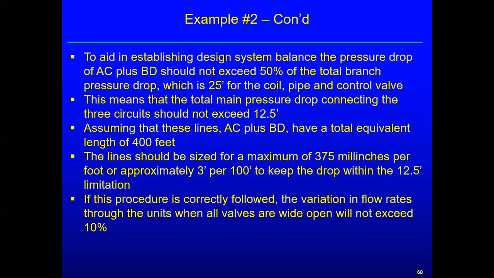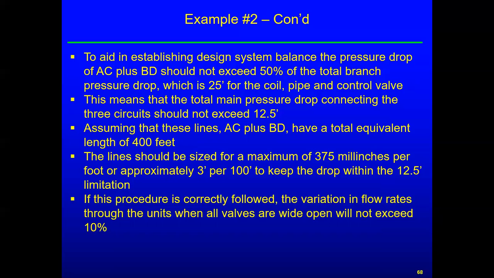Assuming that these lines, AC plus BD, have a total equivalent length of 400 feet, then if I take 12.5 divided by 400, that comes out about 3 feet per 100. So that's going to be our sizing criteria to keep that drop within the 12 and a half feet total loss. Now, we also would want to make sure that the velocity is 2 feet per second or higher.